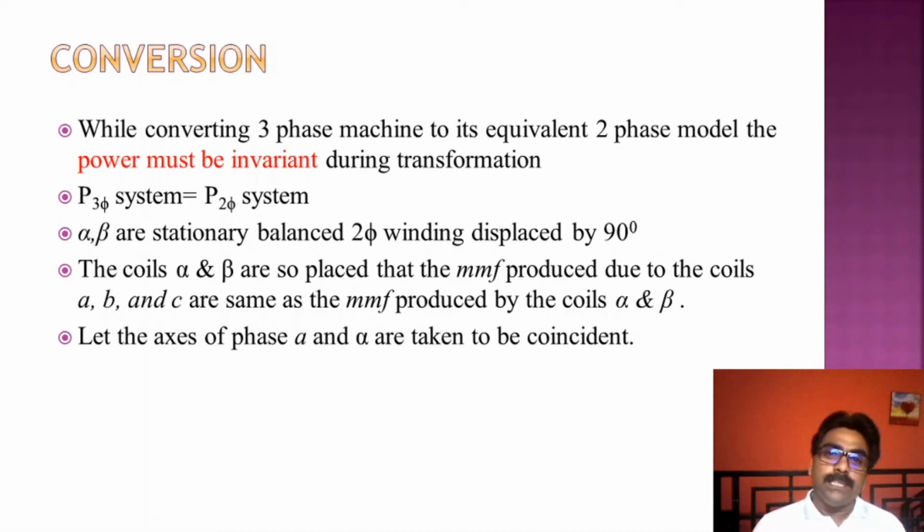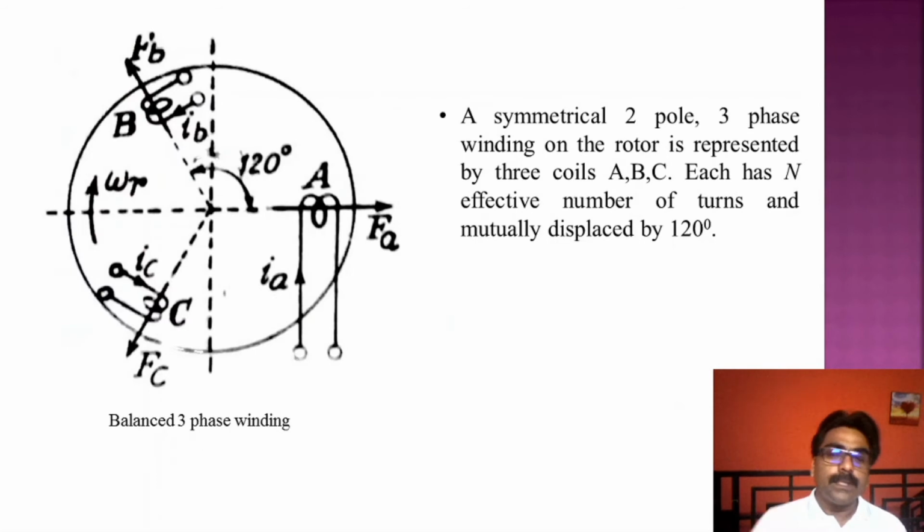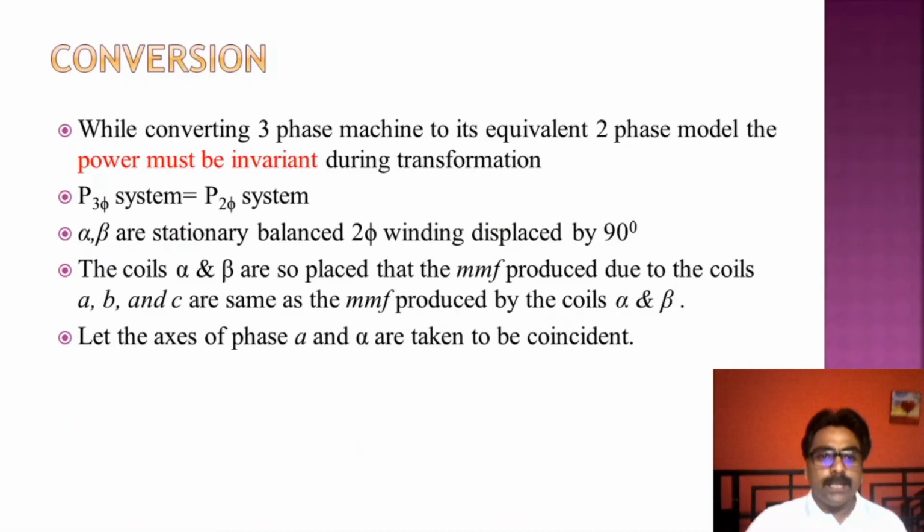What we were seeing in the previous case, the phase windings A, B and C are displaced by 120 degrees. Here the windings alpha and beta are displaced by 90 degrees. And the coils alpha and beta are so placed that the MMF produced by the coils A, B and C is the same as the MMF produced by the coils alpha and beta.